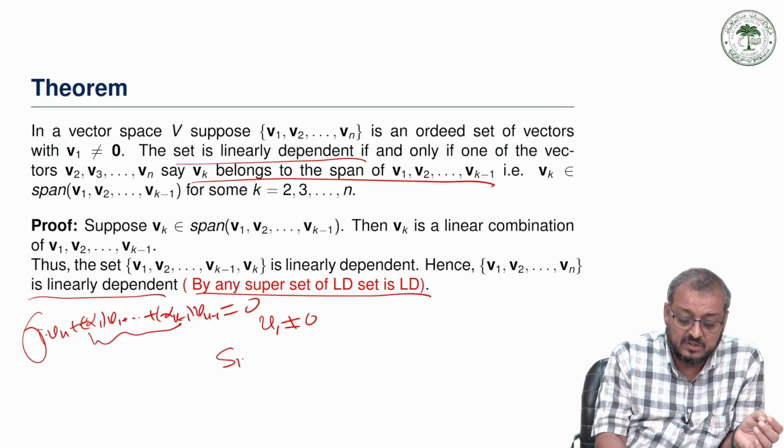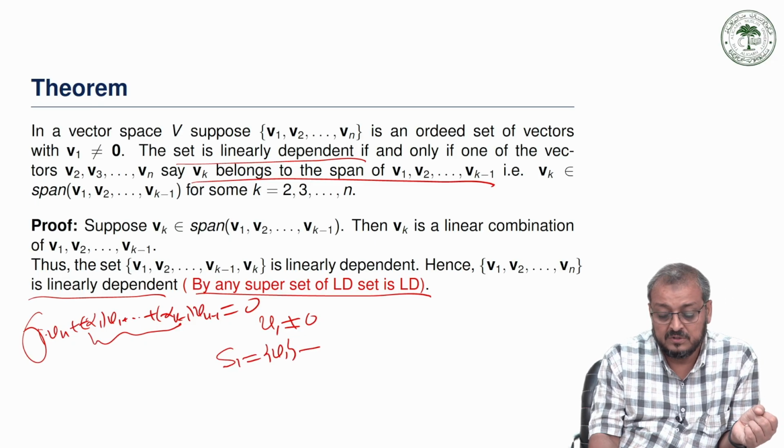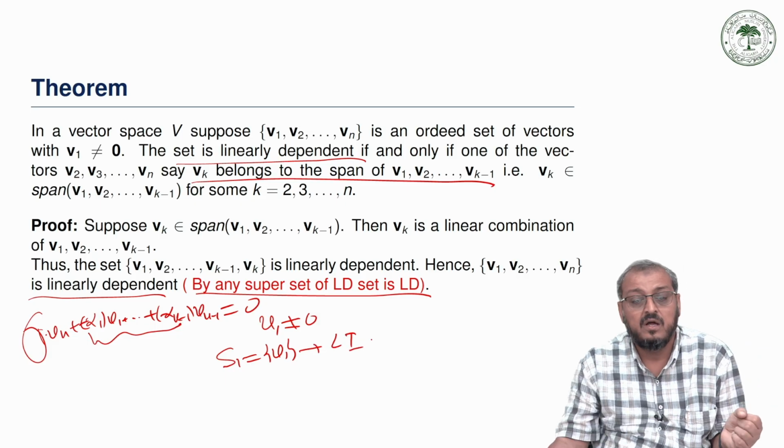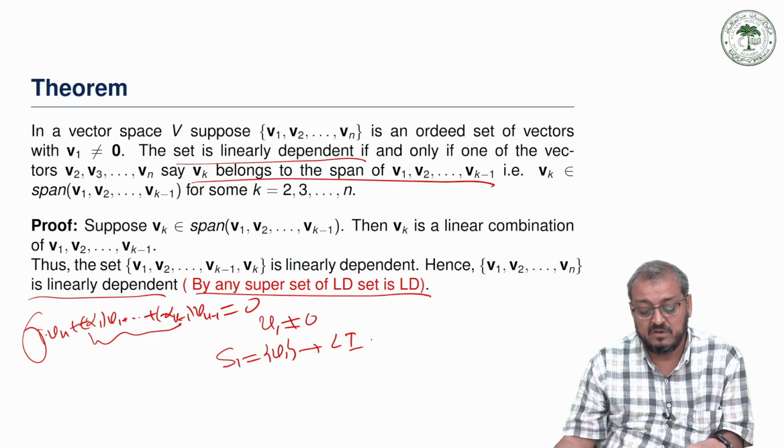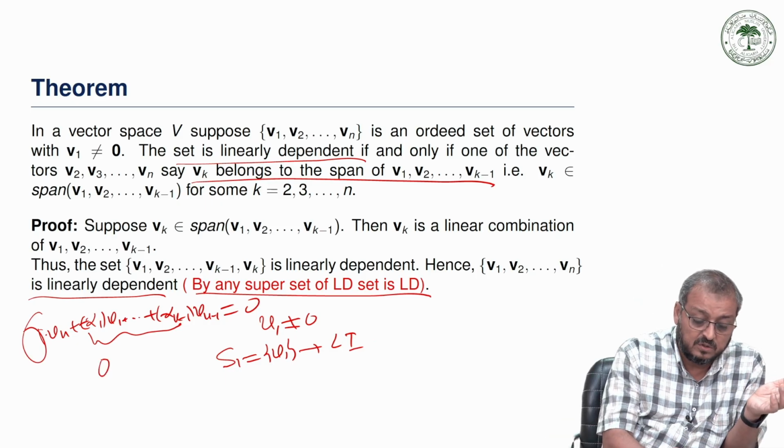If we take S1 as the set containing v1, and v1 is not equal to 0, then clearly this set is linearly independent. Any non-zero singleton set is always linearly independent, because we know that 0 into v is equal to 0.